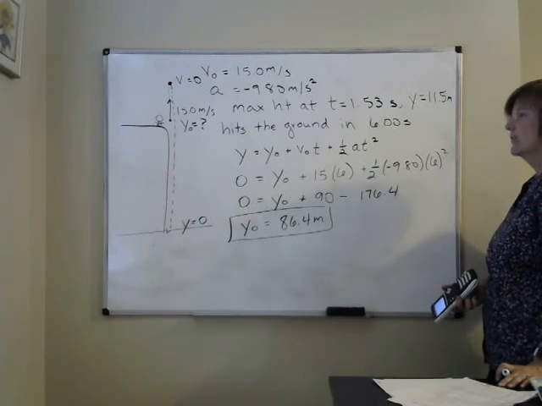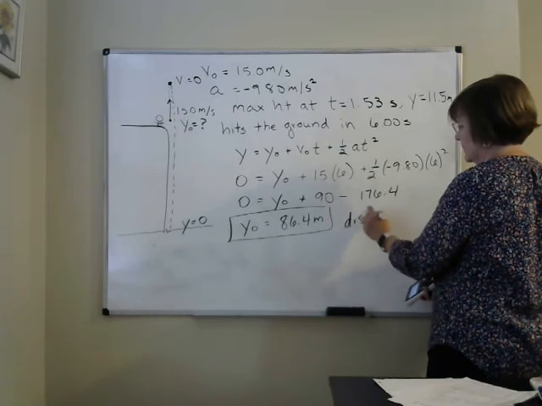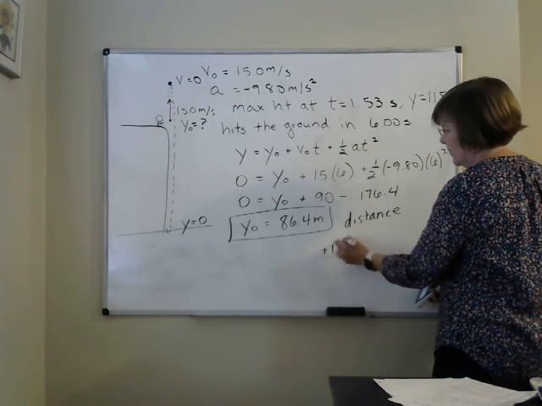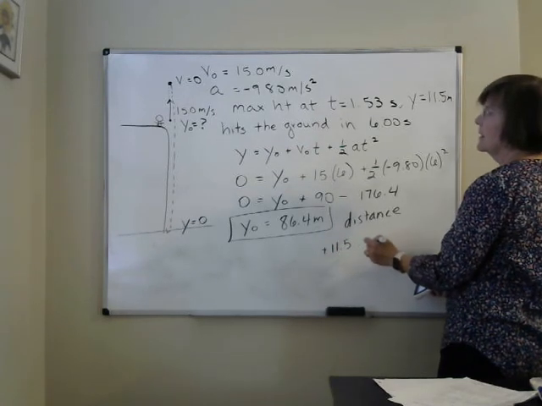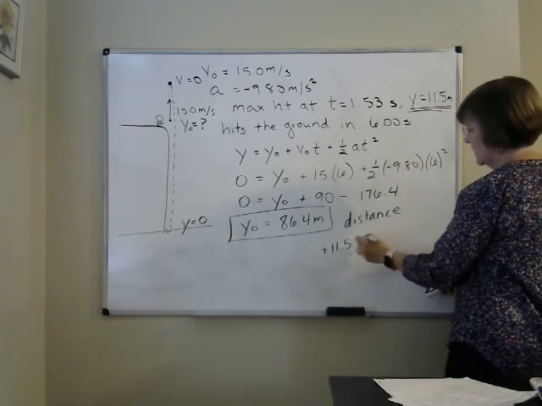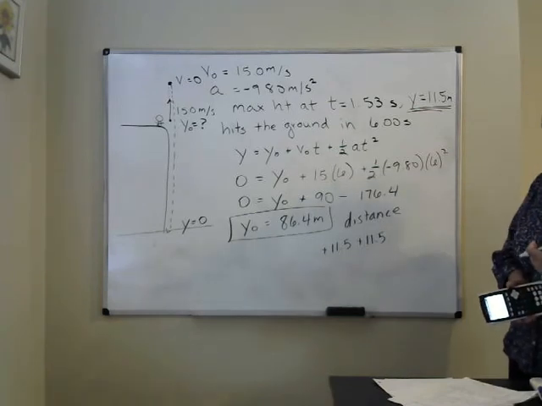I can answer other questions. I can say, well, what is the distance the ball traveled? Well, let's think about it. It went up 11.5 meters. That was the maximum height. It came down 11.5 meters. But remember, if I'm doing distance, everything is positive.